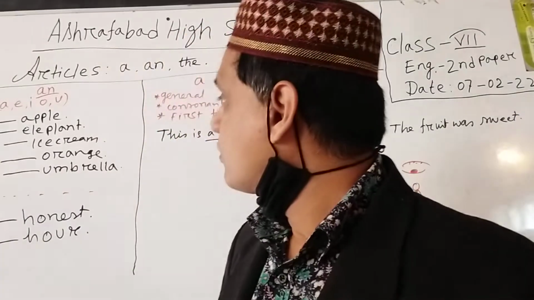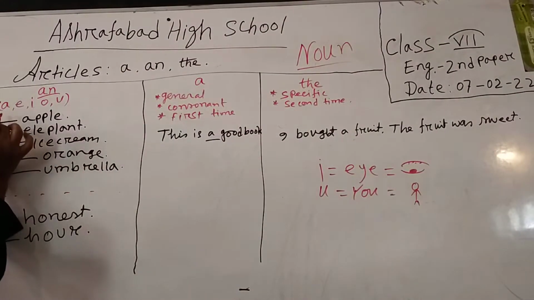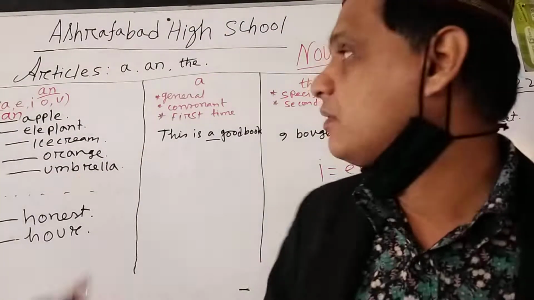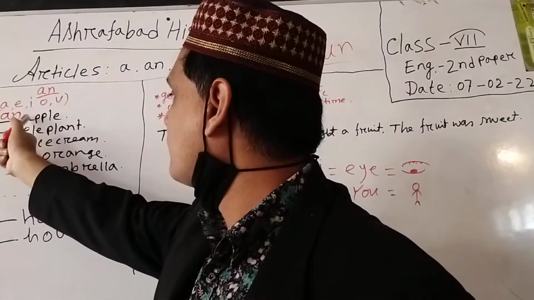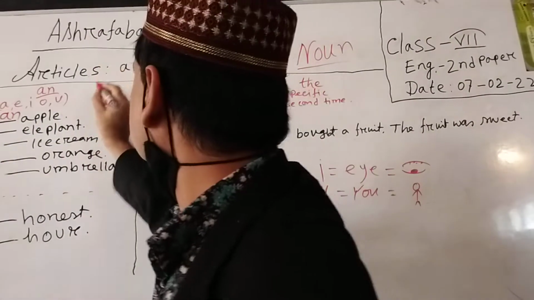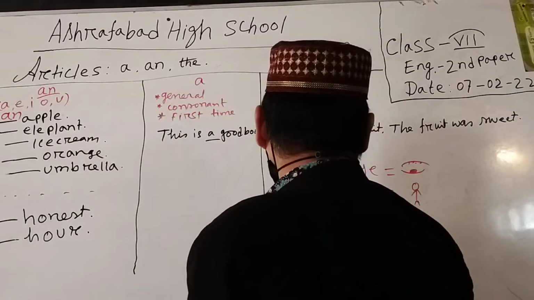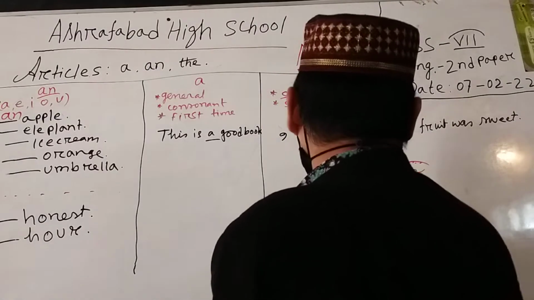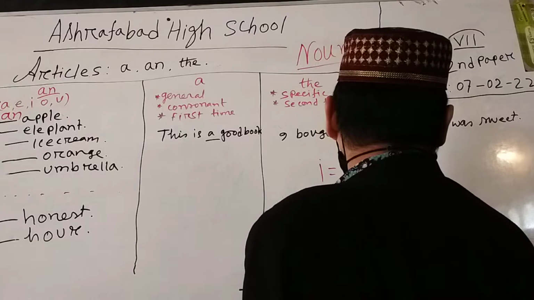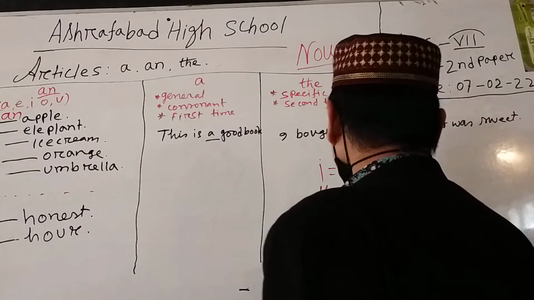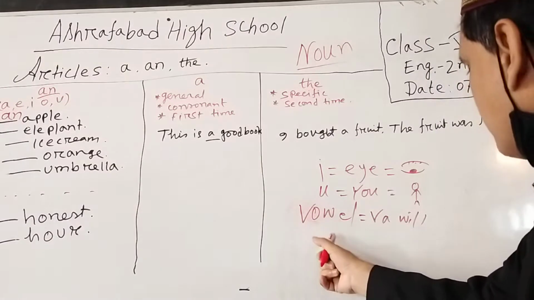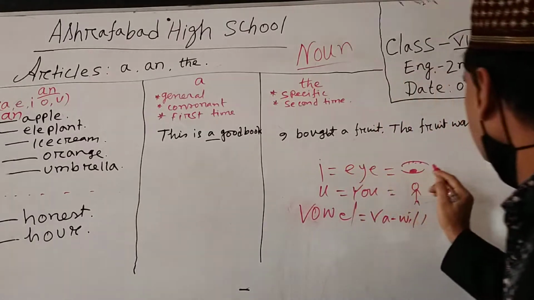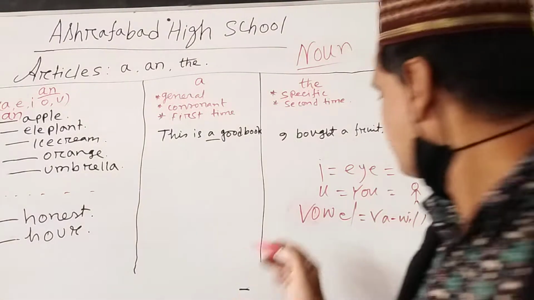So before apple we can use an, because the word apple is beginning with a vowel. Vowel is the pronunciation we call it.